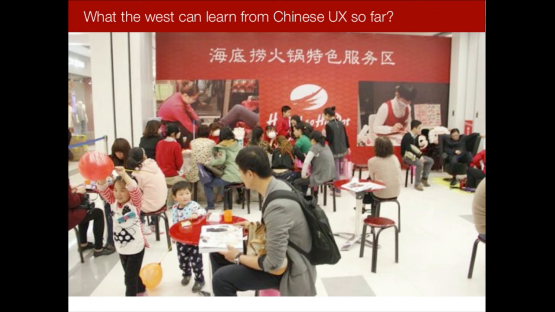There's a picture on the wall showing the women on the left-hand side of the screen having their nails done, and the men can have their shoes polished. And the children can play with the toys and have some snacks. That's all in the queuing area.